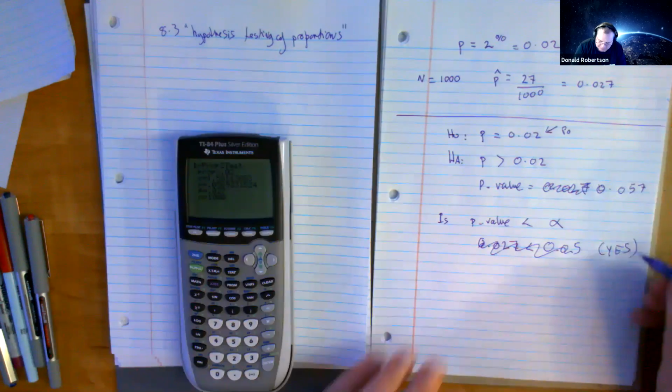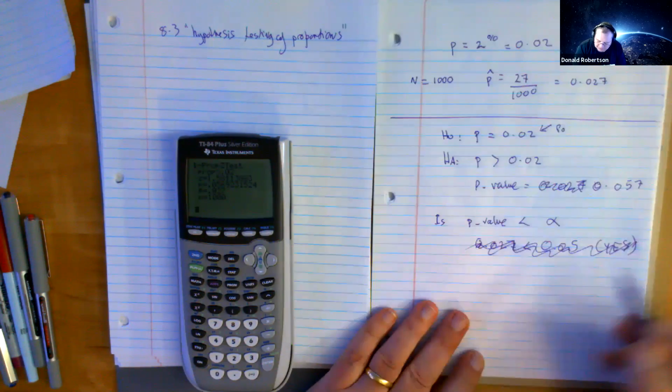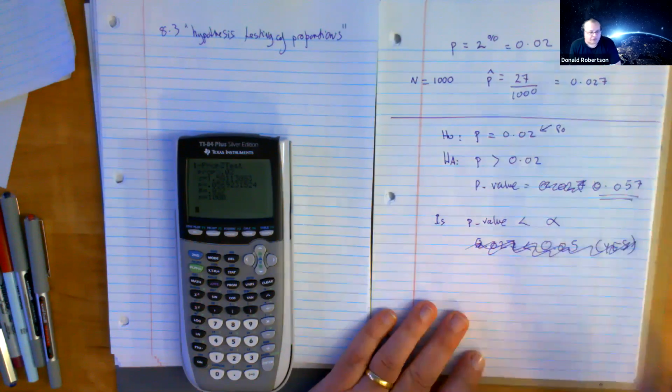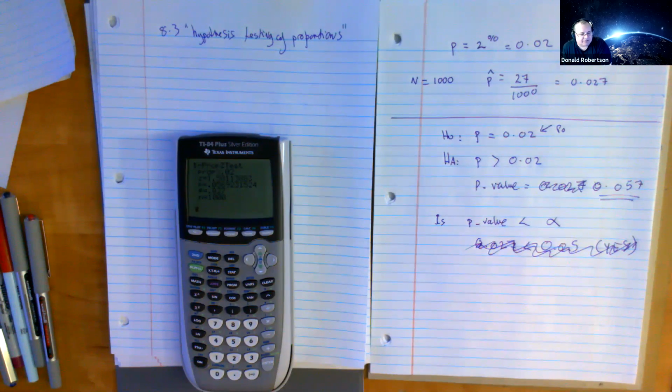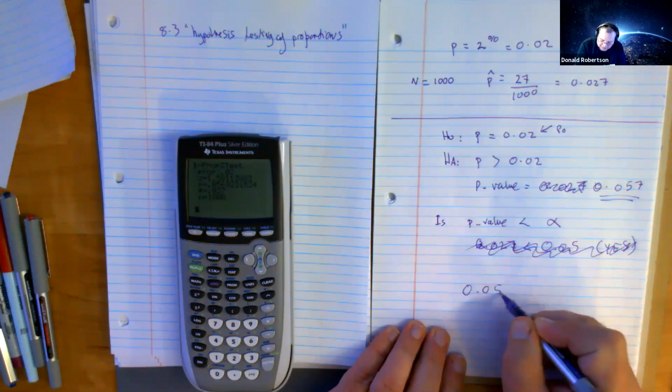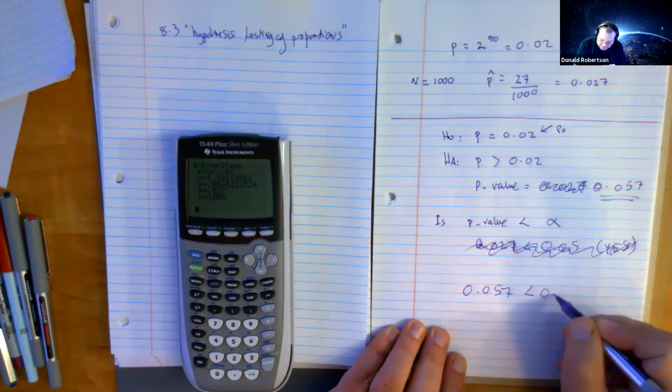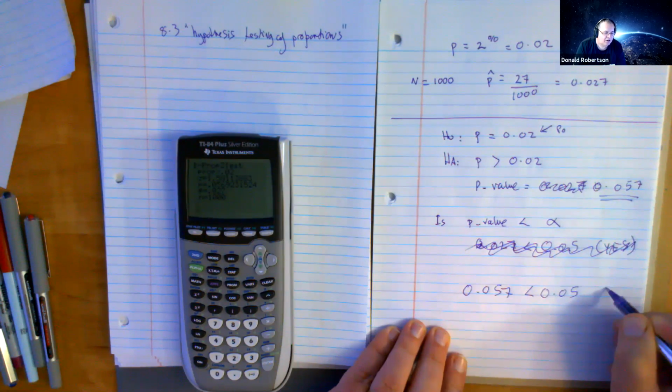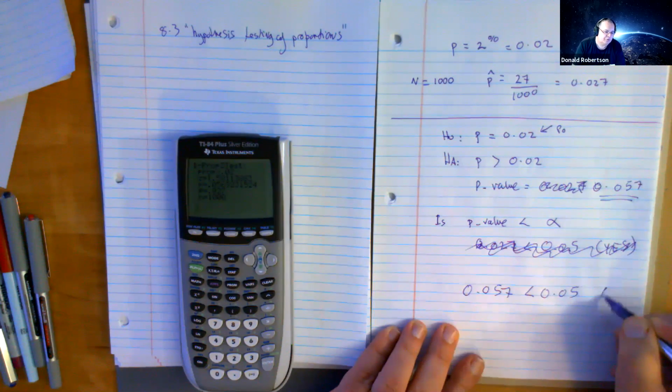So let's pretend that I hadn't made that mistake. Well caught, Doris. There is the P value. That's the guy we use. Now, is our P value 0.057 less than this guy? Ah, different conclusion now, isn't it?